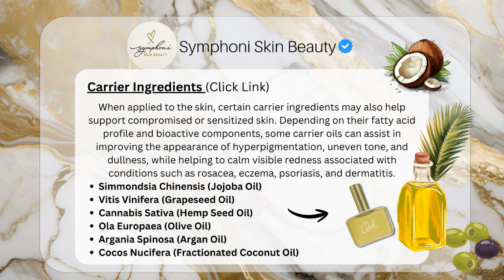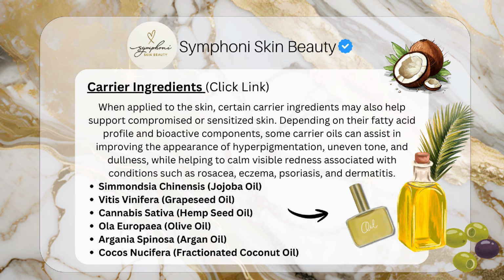Well, when you apply them to the skin, certain carrier ingredients can also support compromised or sensitive skin. Depending on their fatty acid profile and bioactive compounds, some carrier oils can assist in improving the appearance of hyperpigmentation, uneven skin tone, dullness, texture, and they also help to calm visible redness associated with conditions like rosacea, eczema, psoriasis, dermatitis.